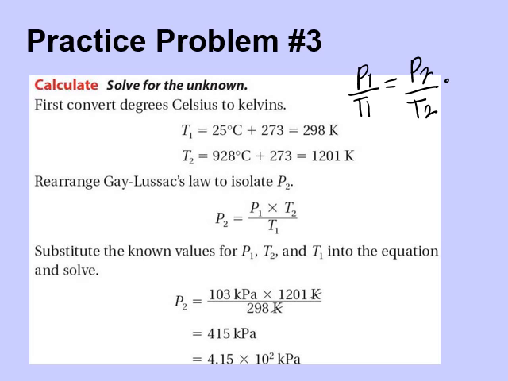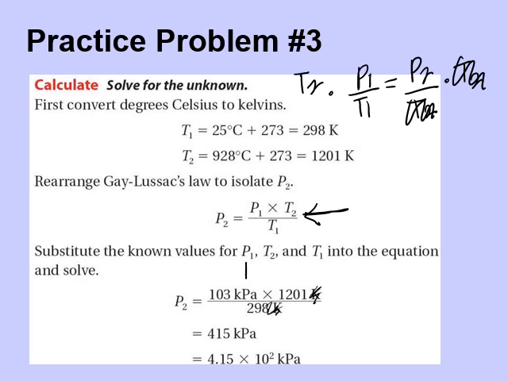So what we want to do is isolate P2, so we will multiply by T2. And in doing so, we get P1 times T2 over T1 equals P2. So again, you don't have to rearrange, but it can be easy because now all we have to do is substitute into our equation.